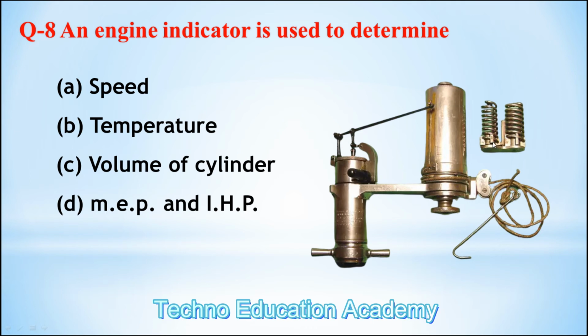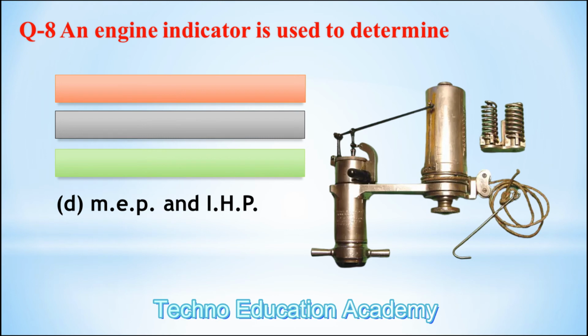Here we are using two springs, a high tension spring and a low tension spring, and this is a drum on which the stylus draws the PV diagram. The area under the curve in the PV diagram can be measured by a planimeter instrument, and we can measure the indicated horsepower. So the right answer is option D, mean effective pressure and indicated horsepower.